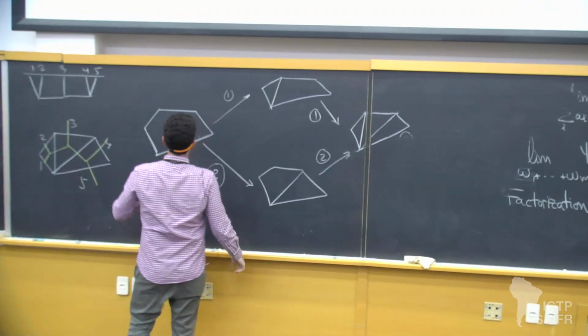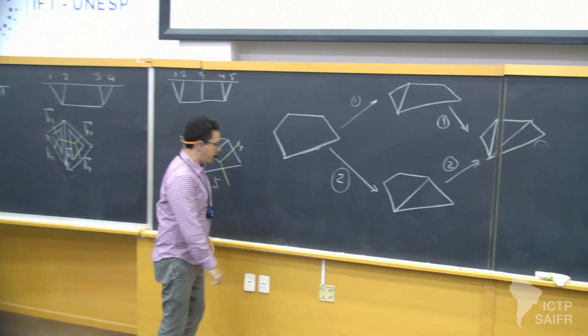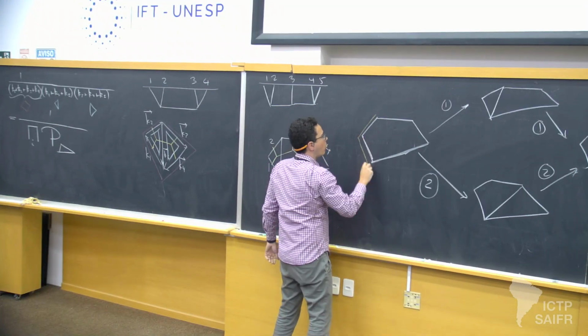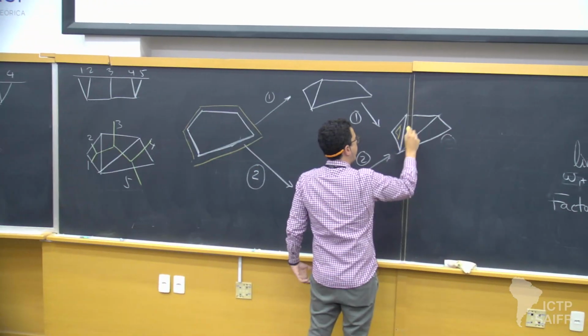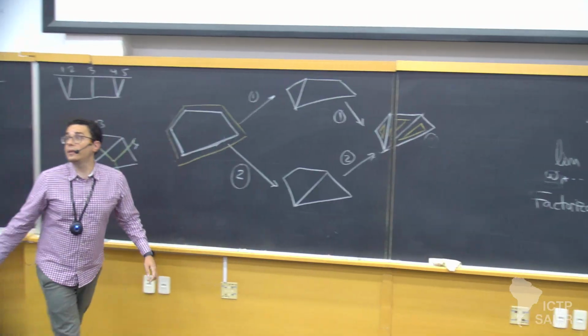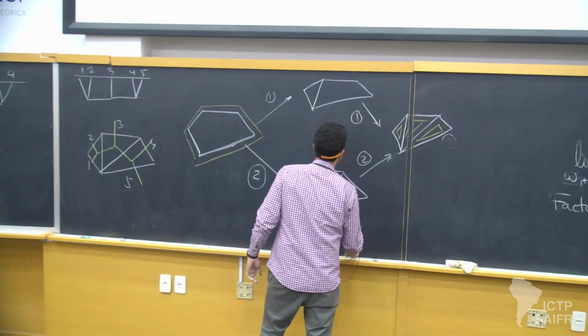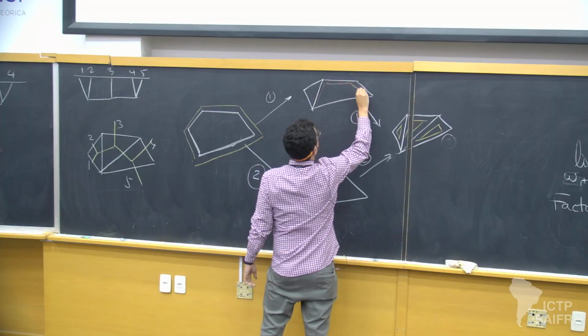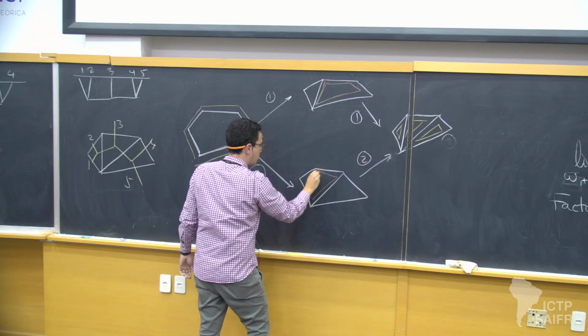So what's common to both ways? Well, the overall perimeter is common to both, and the individual triangles are common to both. The only thing that the one route has that the other doesn't are the quadrilaterals. Okay, so this one has this quadrilateral here, while this one has this quadrilateral here.